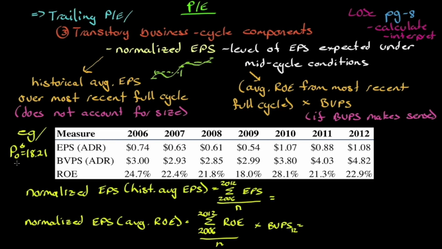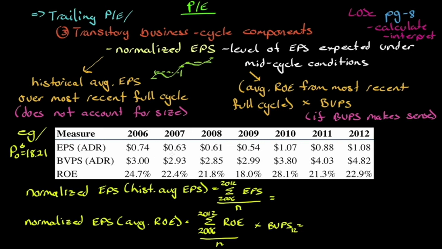Let's say that we observe the price of a particular security at $18.21, and we have earnings per share, book value per share, and return on equity over 2006 to 2012, suggesting that this is a full cycle. So we can look at the normalized EPS. We're going to look at just the historical average EPS only. And we're going to sum them from 2006 to 2012 and divide by the number of observations that we see, which is 7.